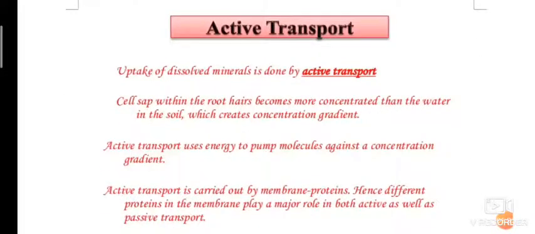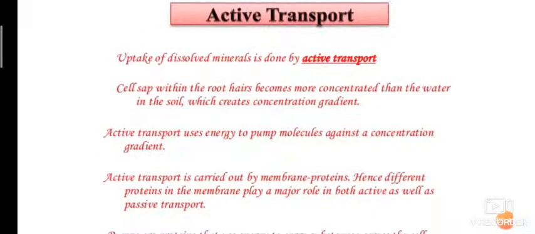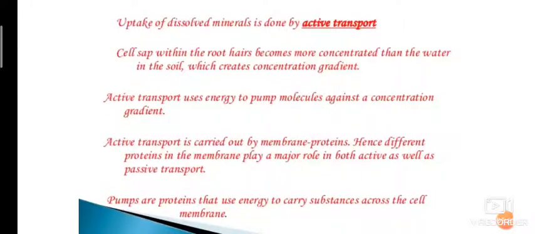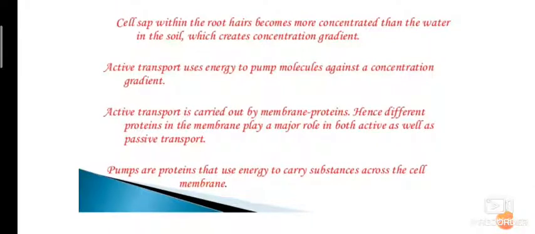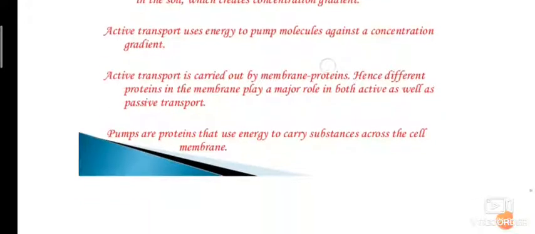Active transport. Uptake of dissolved minerals is done by active transport. Cell sap within the root has become more concentrated than the water in the soil, which creates a concentration gradient. Active transport uses energy to pump molecules against a concentration gradient.